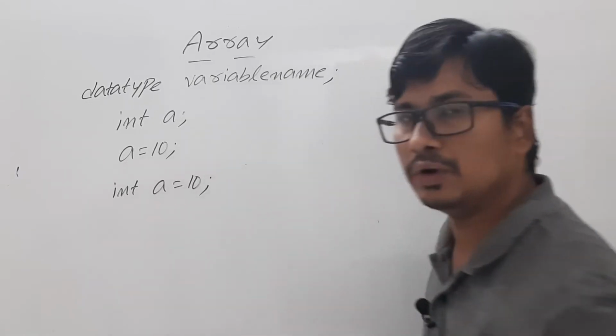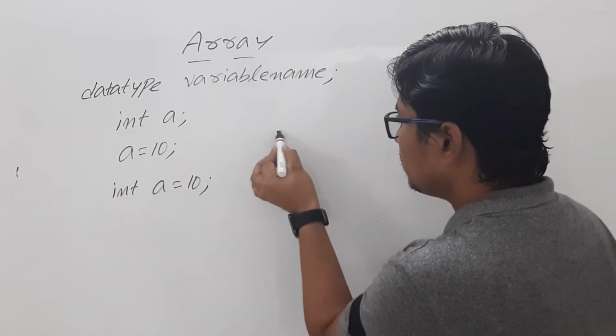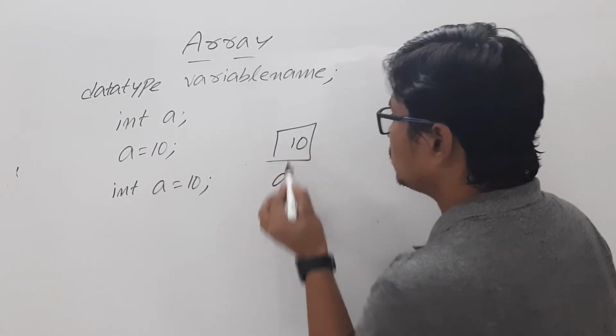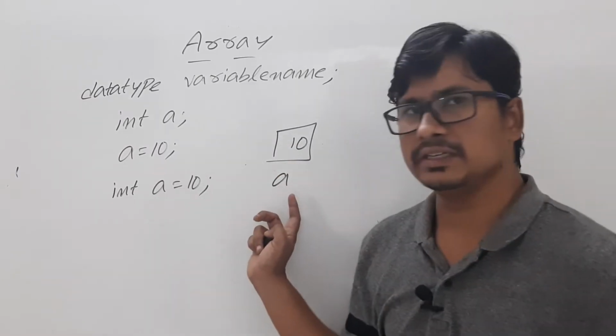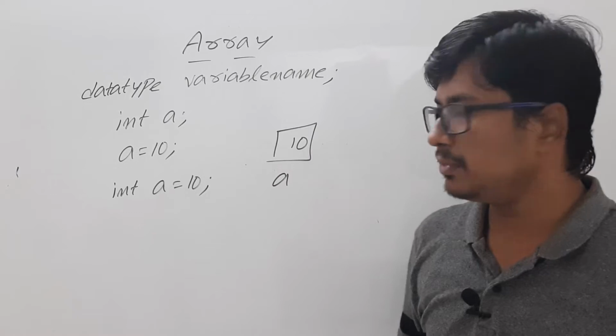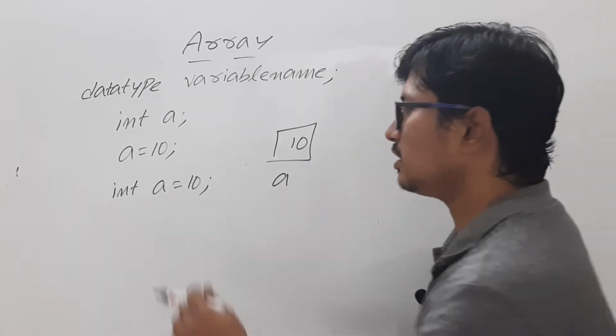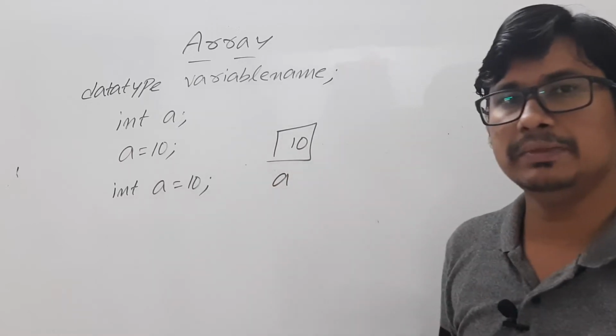Both are the same. Then in some memory location the value 10 will be stored. What is a variable? A variable is a name given to a memory location. Now, if I try to print the value in the variable a, then 10 will be displayed.